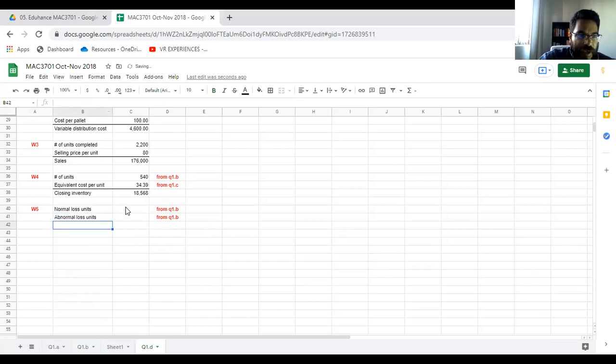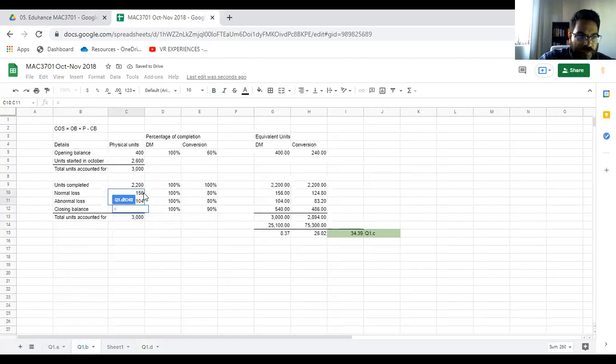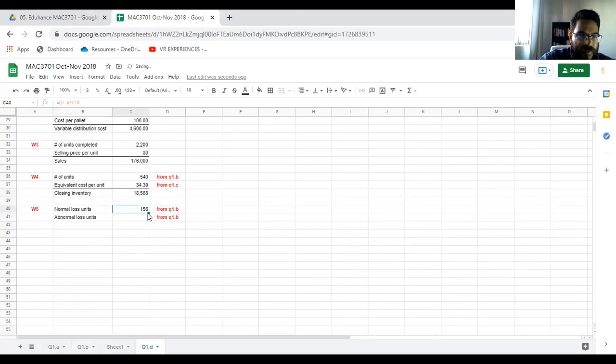Okay, so now we can have a look. It's going to equal the number of units, which is 156 and 104.